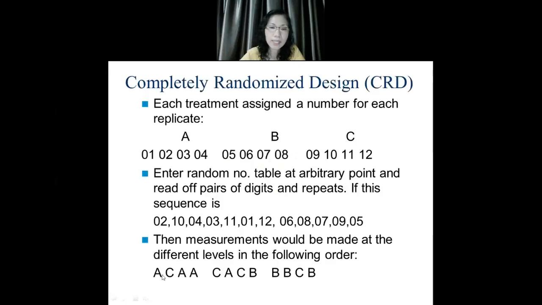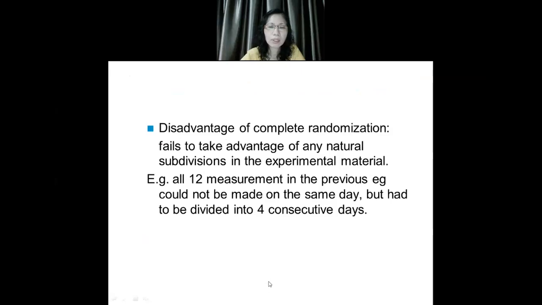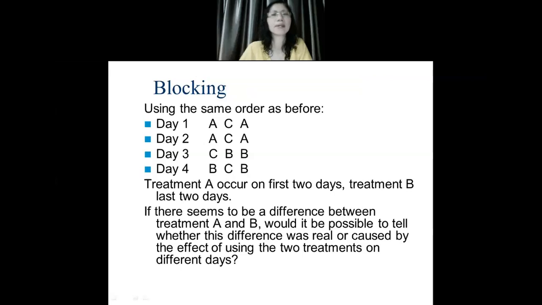So, let's say these are the 12 measurements that you need to make. You cannot finish in one day, so you need 4 days to do it. So we can apply the blocking method.